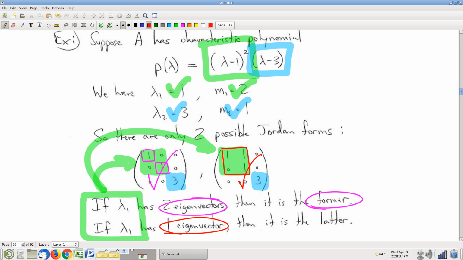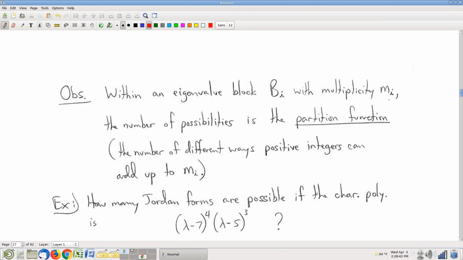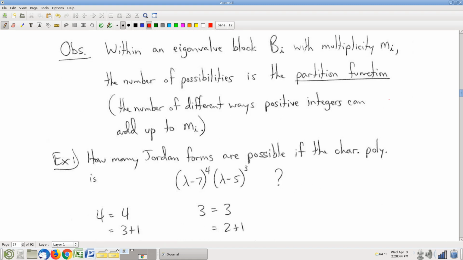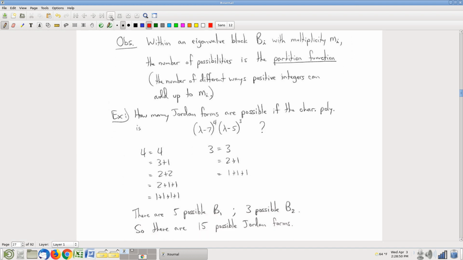Okay. Lastly, real quick, and let's see, we have a minute and a half. I'm going to mostly let y'all read this, but a quick observation to make about how to enumerate possible Jordan forms, sort of harder than what we just did, is just think about how many factors you have here. So if you have a multiplicity of 4, what that's telling you right there is that you have a 4 by 4 eigenvalue block, and there's only so many ways to make basic Jordan blocks inside of there.